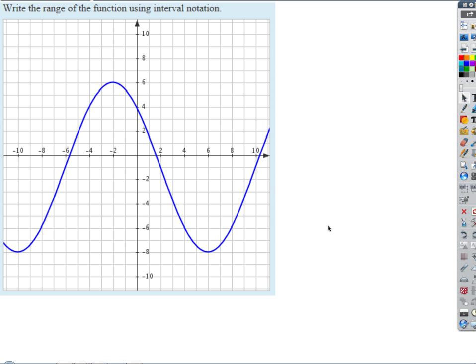Okay, so if we want to write this using interval notation, what would the range be in this case? We're looking on the y-axis, right? So the bottom endpoint is going to be literally the bottommost endpoint.